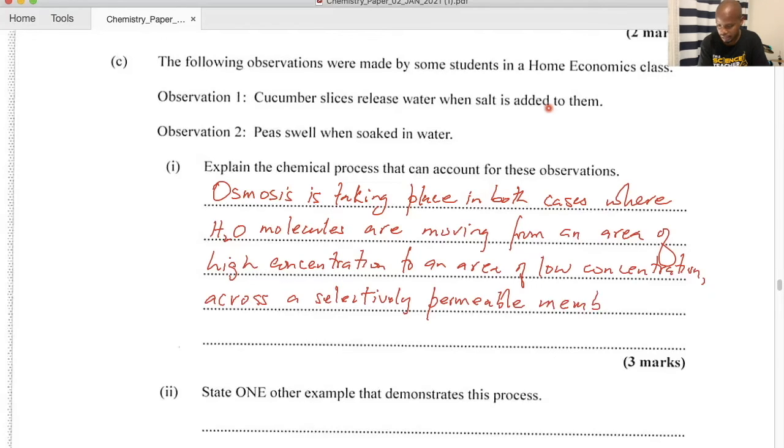We have to say selectively permeable membrane because it allows some particles to pass through, but some will be denied, until there is even distribution. And we just want to note that osmosis is a special type of diffusion.